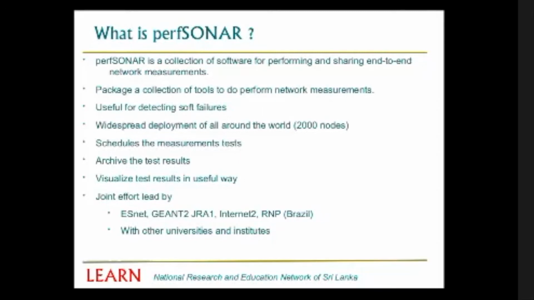The other advantage is that this is deployed all around the world, mostly in academic networks, academic institutes and operators like NRENs and other service providers, laboratories and other science institutes. By now, it is said around 2,000 nodes are there in the world.